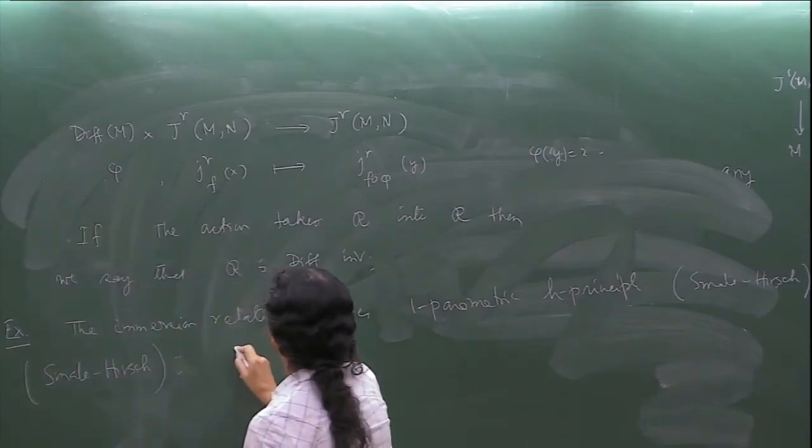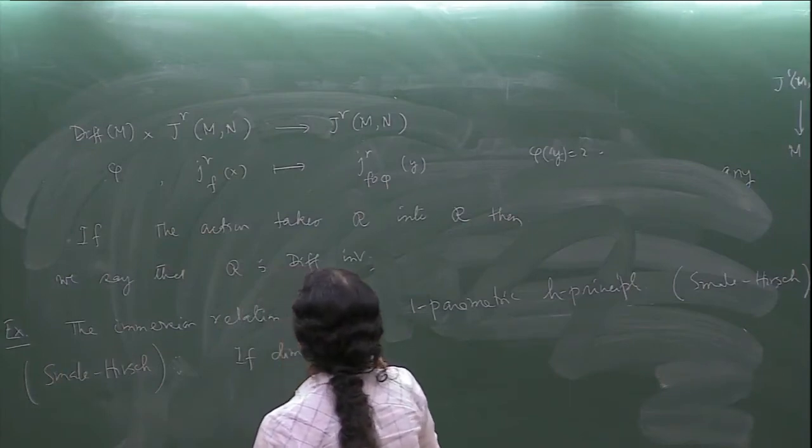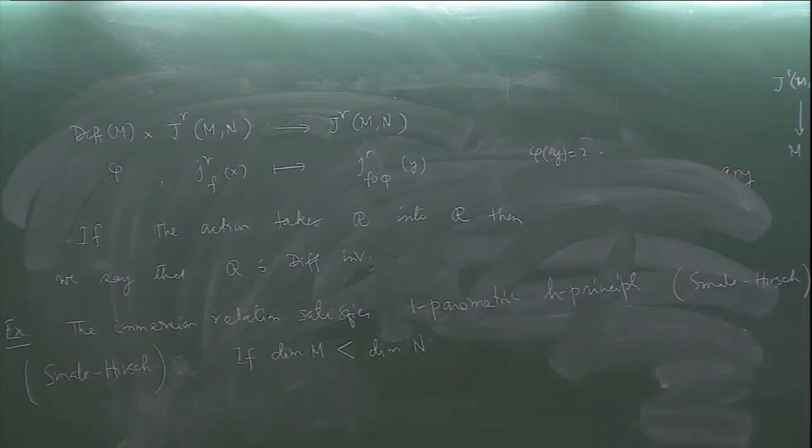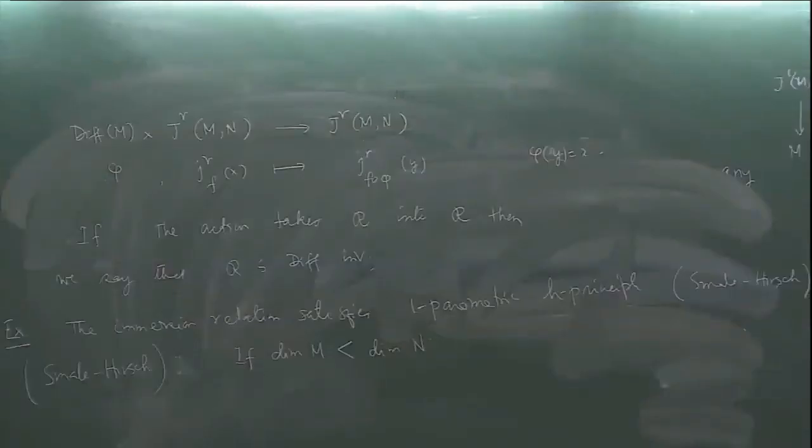It says that if dimension M is strictly less than dimension N, see, if dimension M is equal to dimension N, then also the relation is non-empty, right? Because you are asking for the derivative of f at x to be injective. For example, here it would be an isomorphism. That still makes sense. But if the dimension of M is bigger than the dimension of N, then the relation is empty. But if they have equal dimension, the theorem does not apply to closed manifolds.